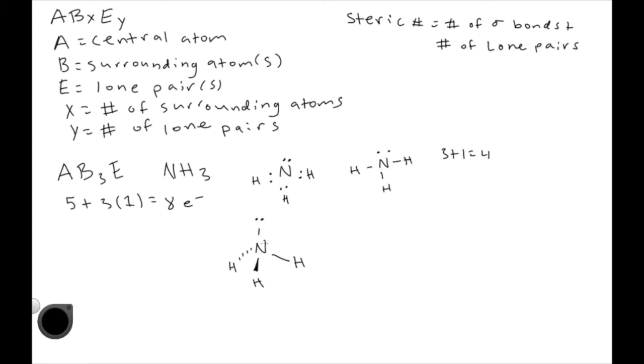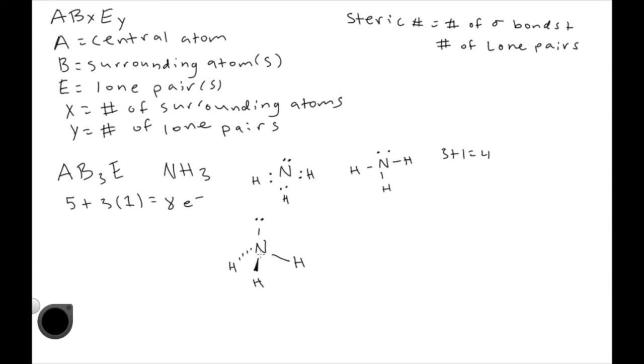molecule. However, the presence of the lone pair at the very top causes the nitrogen hydrogen bonds to be pushed further away from itself and therefore pushed closer together, closer to each other.